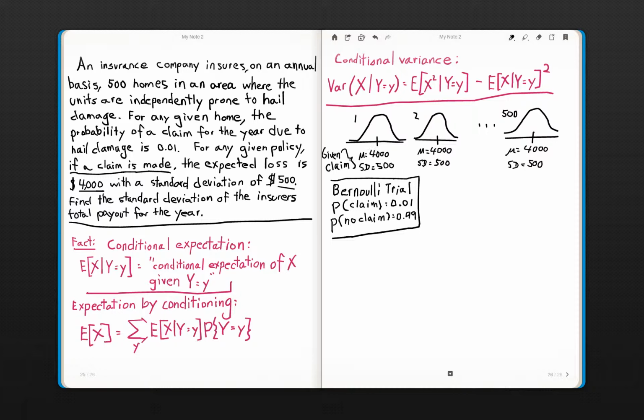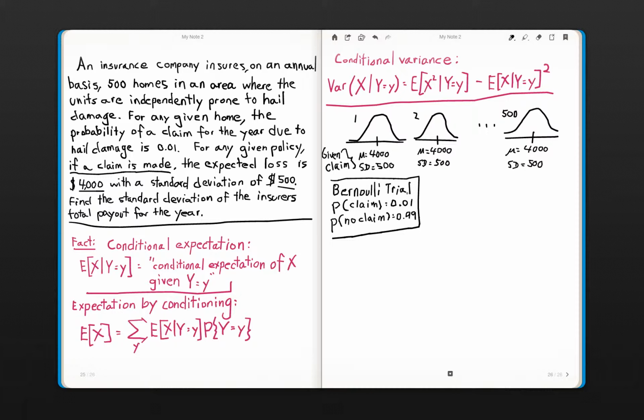And so if there's no claim, then the payout's zero. Again, otherwise the payout is pulled from these individual distributions. So what the problem is asking for is the standard deviation of the total payout. So that would include instances where there's no payout made.